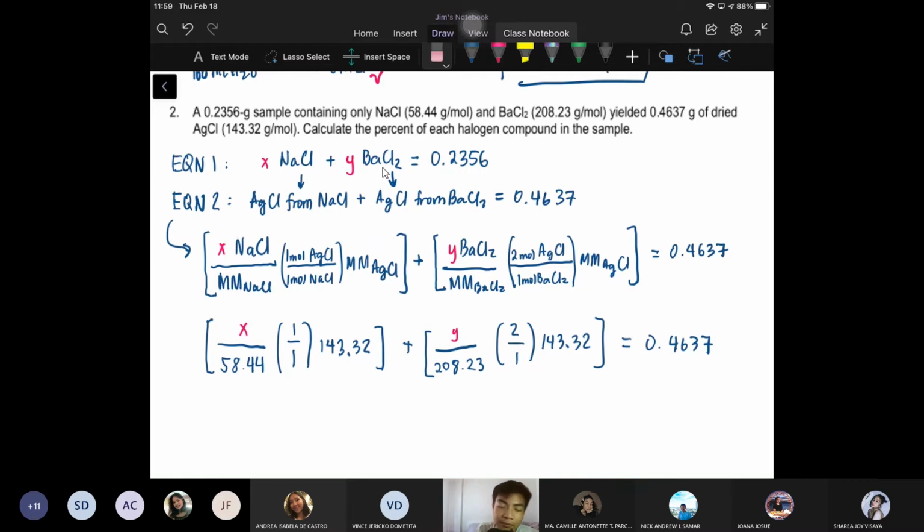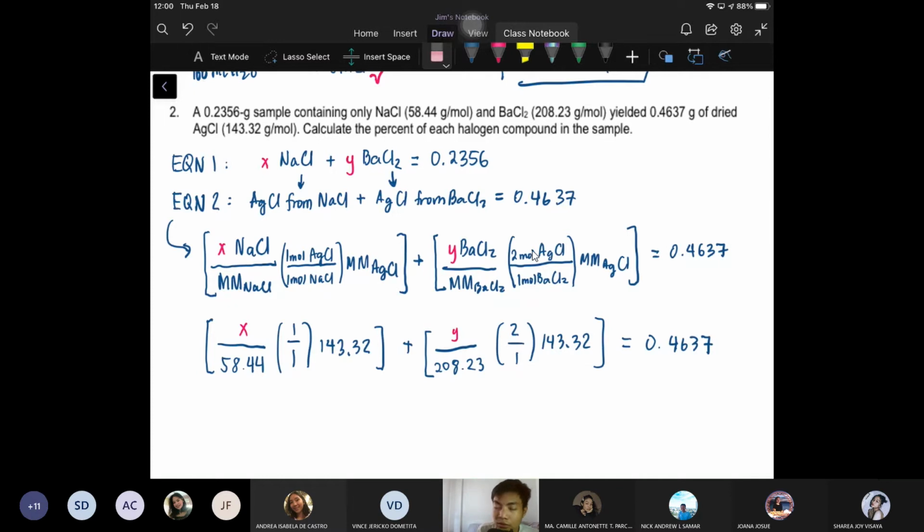So, I converted my barium chloride into mass of AgCl from barium chloride using this stoichiometry formula here. This is the mass of barium chloride. Dinivide ko sa molar mass, so I will get the moles of barium chloride. I converted the moles of barium chloride to moles of silver chloride. However, ang coefficient ng silver chloride ay 2 because dalawa yung chloride ions sa barium, given yung formula niya ay BaCl2. Okay?